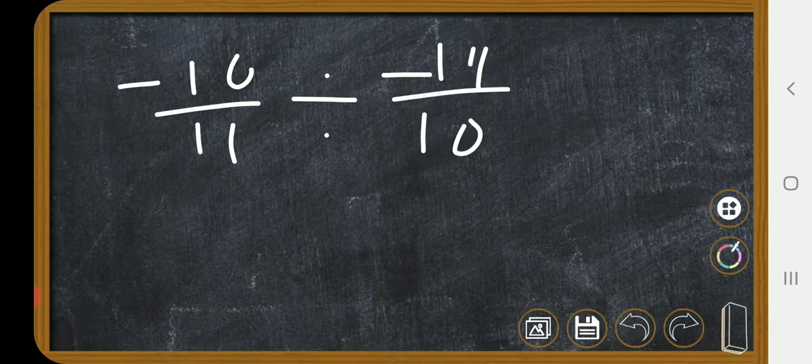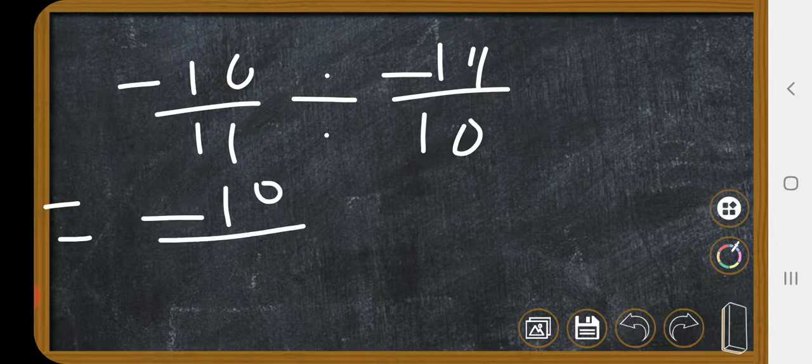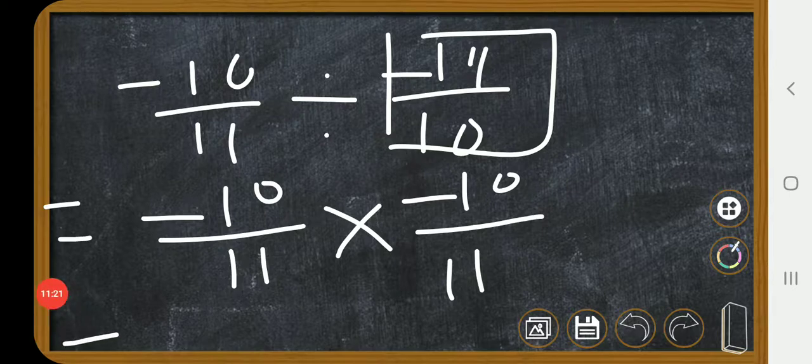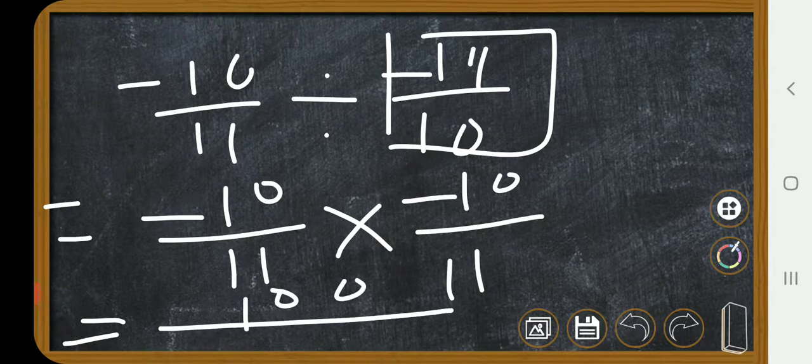Okay, so what we'll do, first we'll keep this as it is and write the multiplicative inverse of the second, minus 10 by 11. Now do the multiplication. Minus 10 times minus 10 will be 100, it becomes positive. 11 multiplied by 11 is 121.